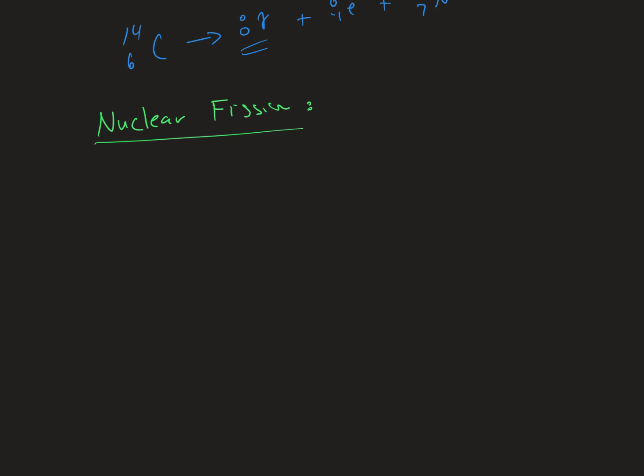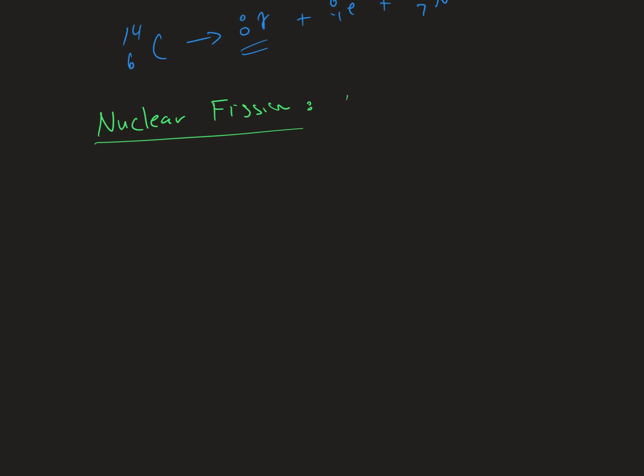Now, it doesn't just spontaneously break apart. We have to shoot a high-speed neutron at it, and then it'll break apart. So we have to make this happen. Not man-made, but we have to initiate the reaction. Artificially triggered. Yeah.